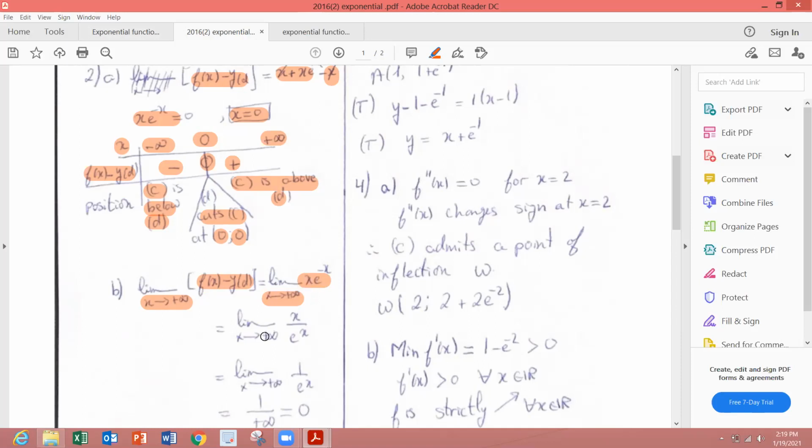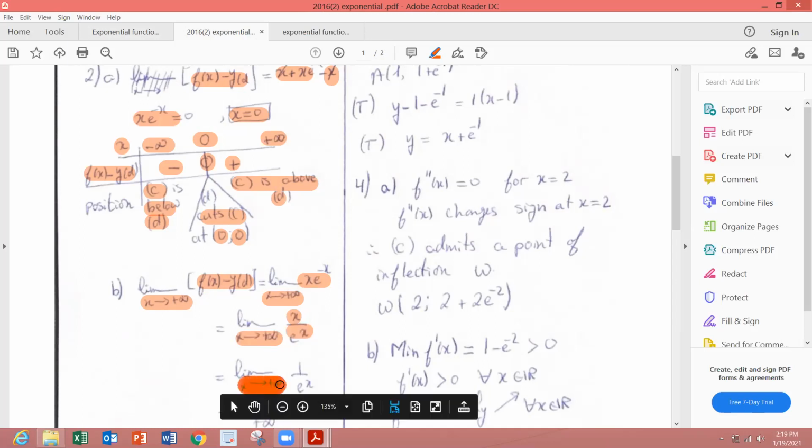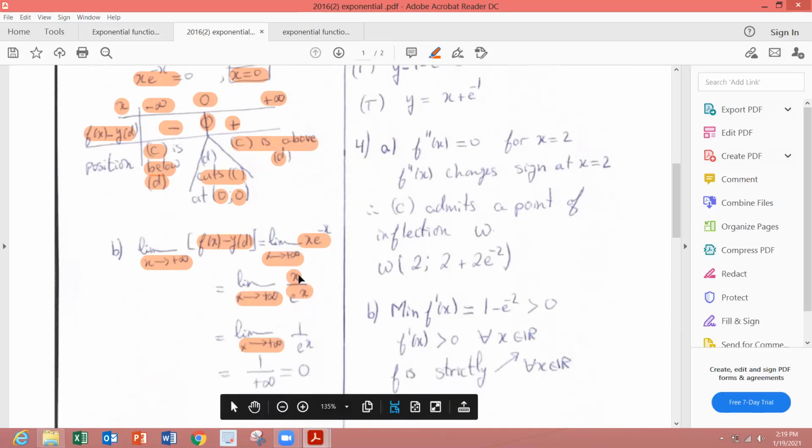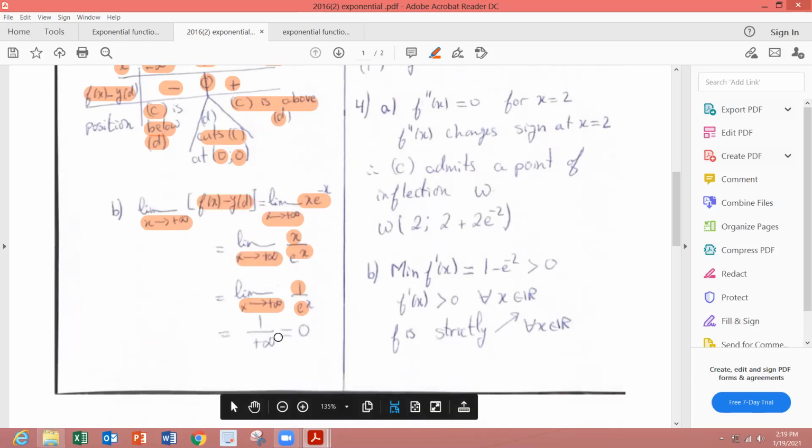We change the form: it becomes x over e to the x. Applying Hospital's rule, limit as x tends to plus infinity: the derivative of x is 1, the derivative of e to the x is e to the x. Then 1 over infinity equals 0. So we get 0. So the limit as x tends to plus infinity of f(x) minus y_D is 0.